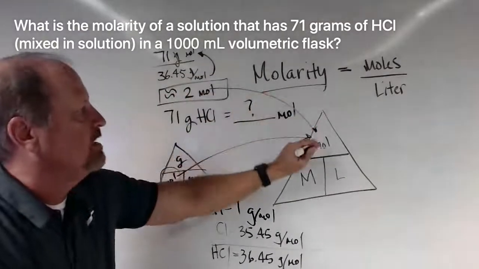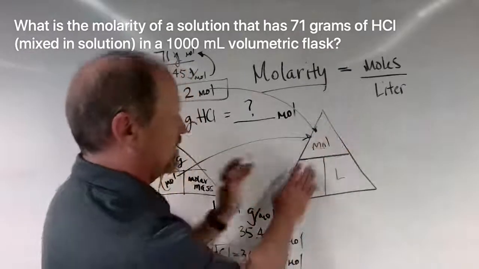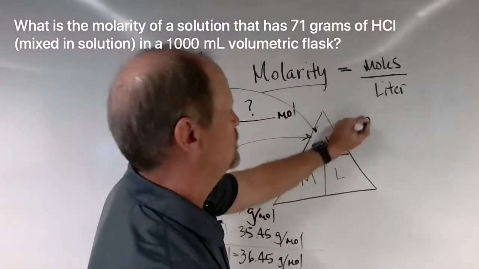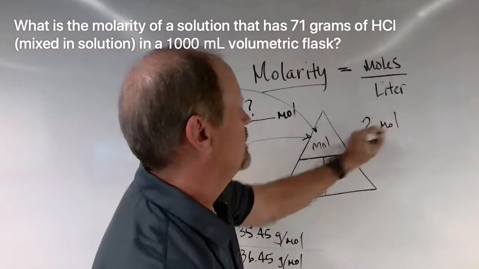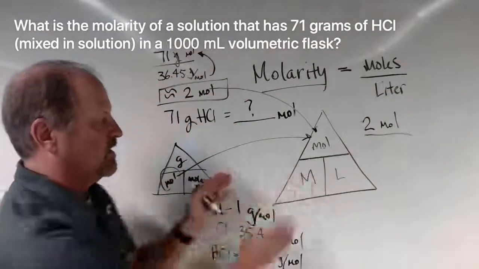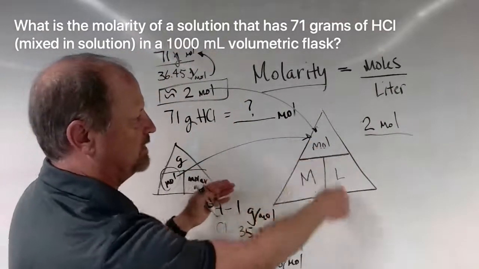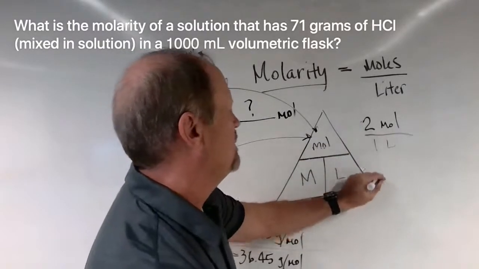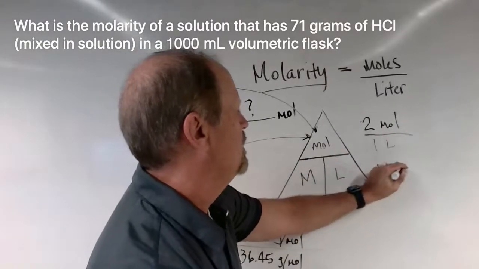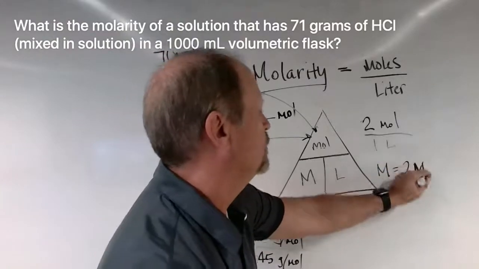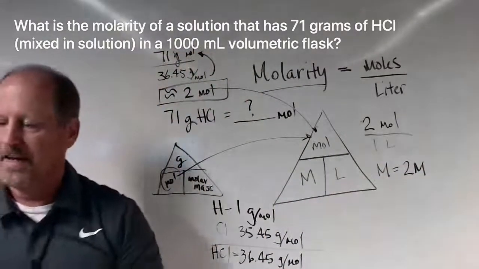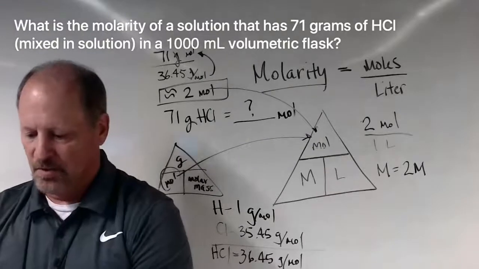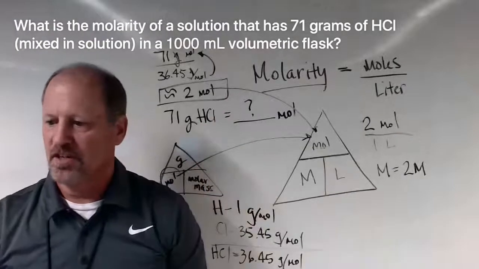Put that here: 2 moles. If we want to calculate molarity, we take the number of moles, 2 moles, divided by the number of liters, covering up molarity. Moles divided by liters: 1 liter. So the molarity in this case would be 2 molar. So we have a 2 molar solution in this question.